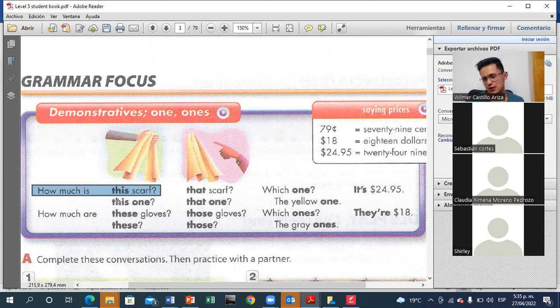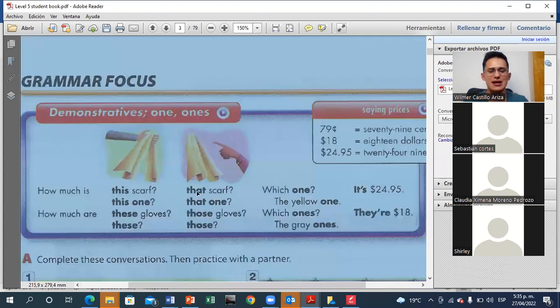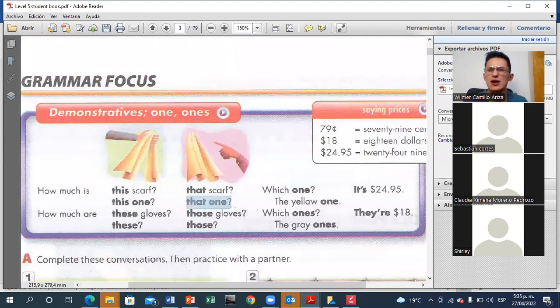Esto significa, digamos, si ustedes están comprando algo, preguntan, how much is this scarf? ¿Cuánto vale esta bufanda? Y el tendero le va a decir, ¿esta? O sea, this one, esta. O digamos, ¿cuánto vale esa bufanda? El tendero le puede decir, that one, esa. Lo mismo acá, ¿cuánto valen estos guantes? These, estos. ¿Cuánto valen esos guantes? Those, como una forma de respuesta.